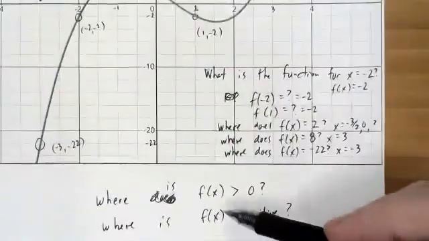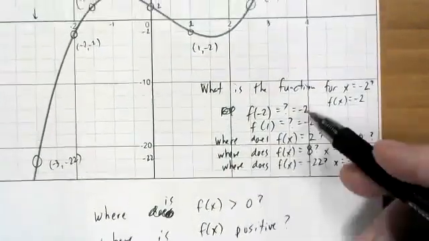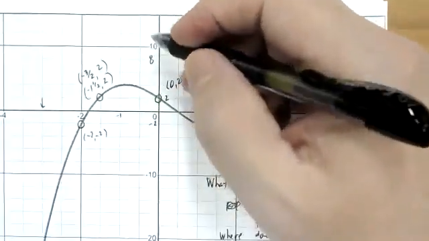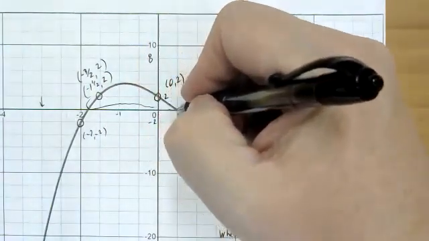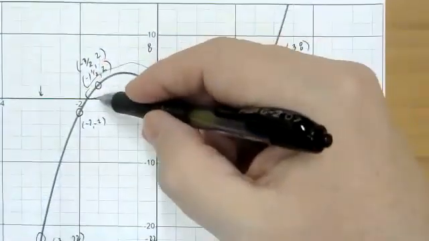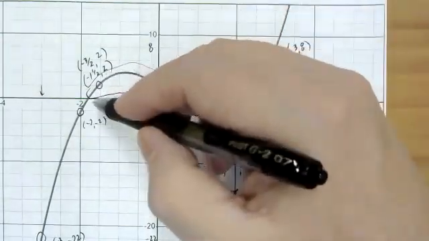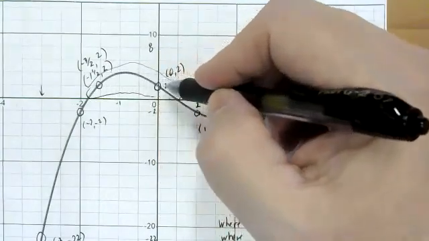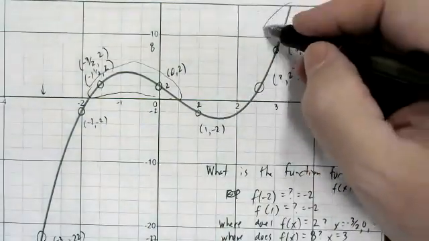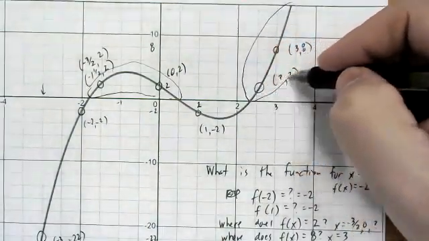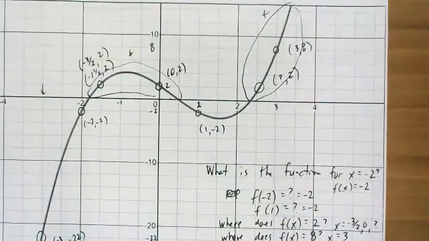So if they're asking the question, where is f of x greater than 0, or where is f of x positive? It's not just one point. It's almost like this whole section of the function, for each point along here, the function's positive. And then actually over here, the function is positive here, the function is positive here.